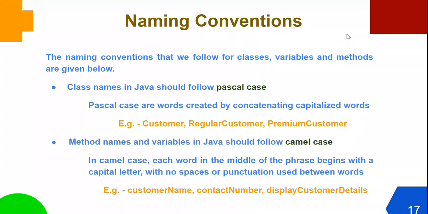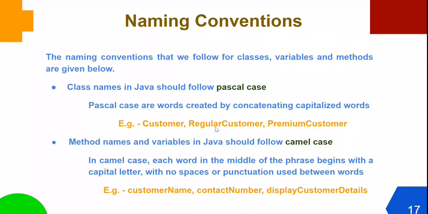The naming convention that we follow for classes, variables and methods is given below. So for classes, we use Pascal case. The meaning of Pascal case is that every word starts with a capital letter irrespective of where the word is, like at the start or in the middle.